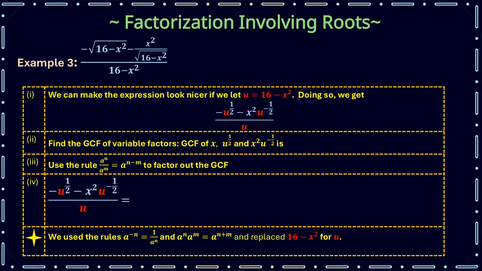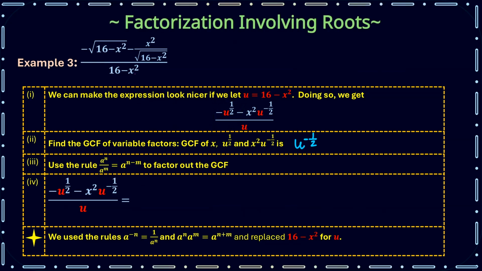Let's take out the GCF from the numerator. We have two terms, negative u to the half, negative x squared u to the negative 1/2. Their GCF is u to the smaller exponent, so u to the negative 1/2 is what we're going to take out. The first term on the top does not have x in it.